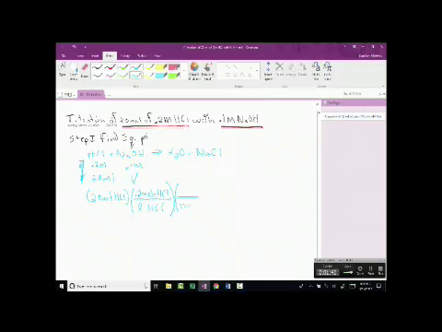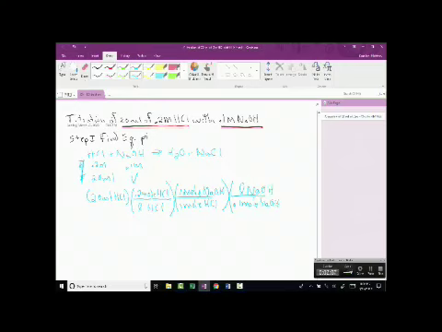And it's 1 mole of HCl per 1 mole of sodium hydroxide. And then I have 0.1 mole of NaOH per liter of NaOH.